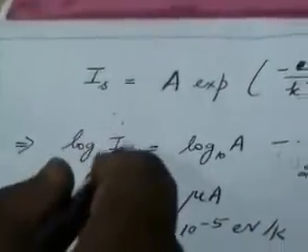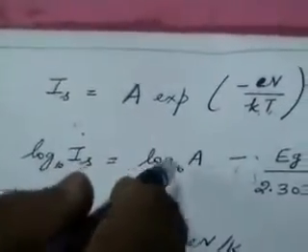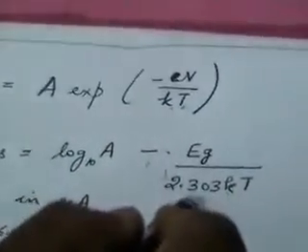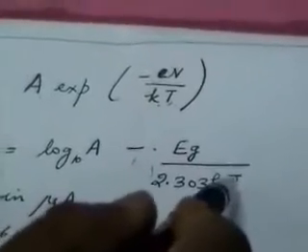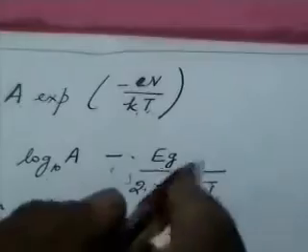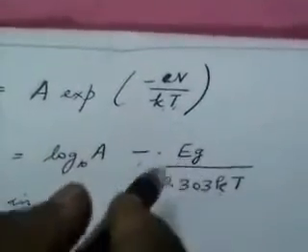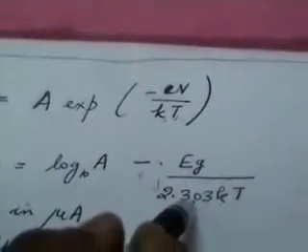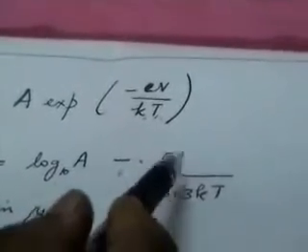This implies that log Is to the base 10 is equal to log A to the base 10 minus Eg by 2.303 kT, because 2.303 is to be multiplied for converting the exponential into log to the base 10. So Eg here is the band gap.